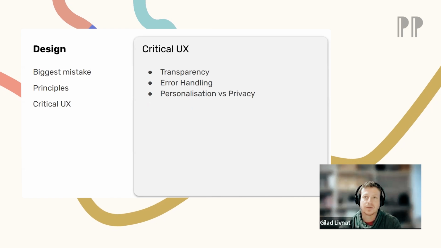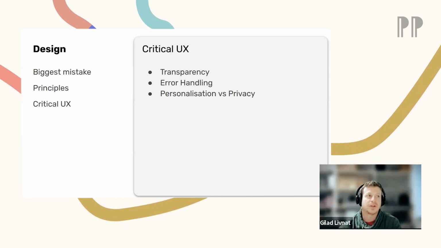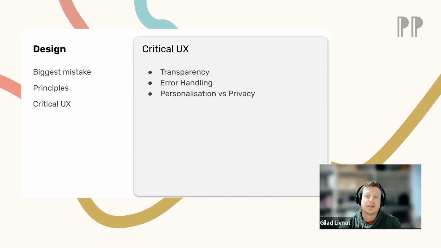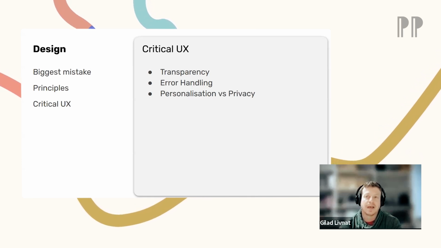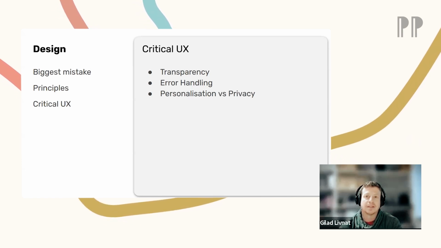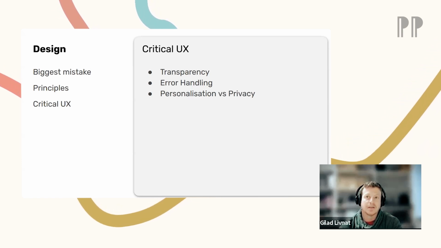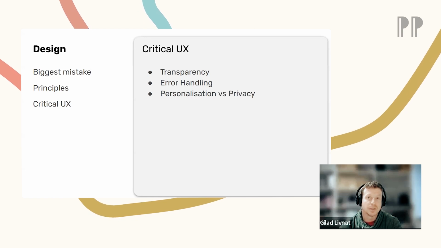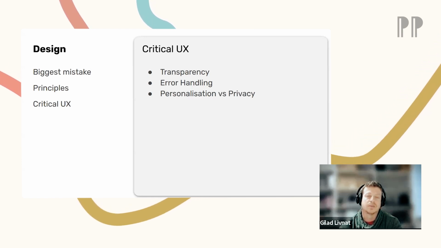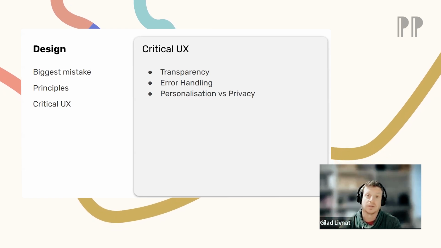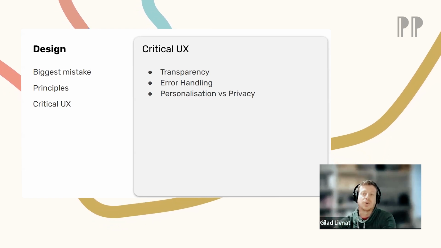Yeah, I know that I'm a bit short on time, but about critical UX, it's just being transparent and also knowing how to handle errors. And sometimes there are areas where the AI can give such a good answer that people will start feeling it's too personalized, or it crossed the border in some way, sharing too much or telling something that is too private.